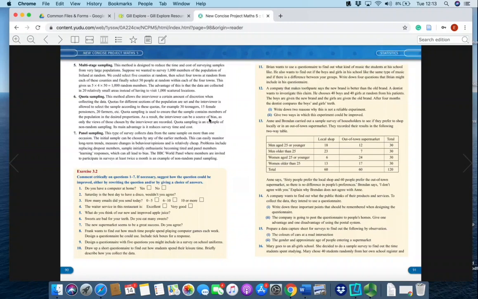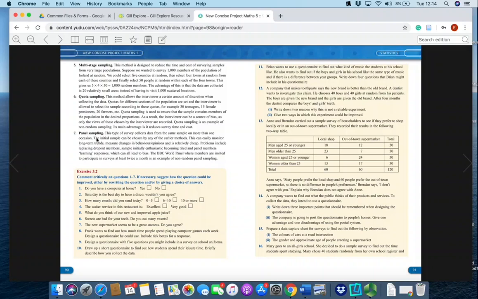This is one of the downsides of quota sampling, as only the views of those chosen by the interviewer are recorded. Quota sample is the first example we've come across of non-random sampling. It's good in that it allows you to gather data. It may have bias, so it's non-random. Its main advantage is it reduces survey time and cost.